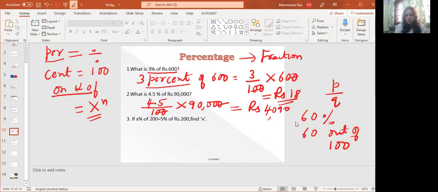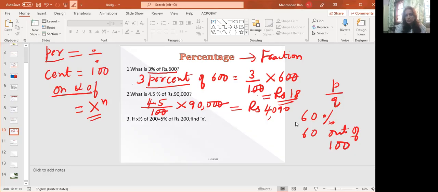Hope you understood how to calculate the percentage. This percentage comes in your shares and mutual funds, and in the second semester, while calculating interest and annuity, you use percentage. If X% of 200 is 5% of 200, what is X? When two percentages are equal, this is an equation.